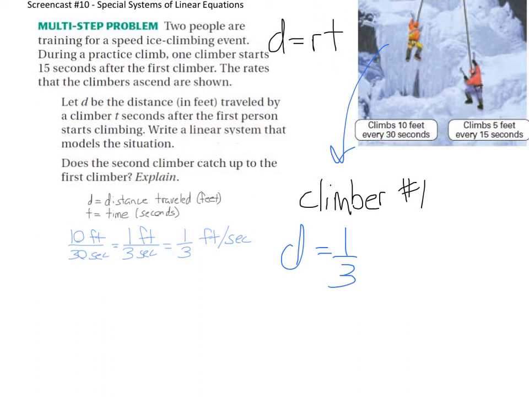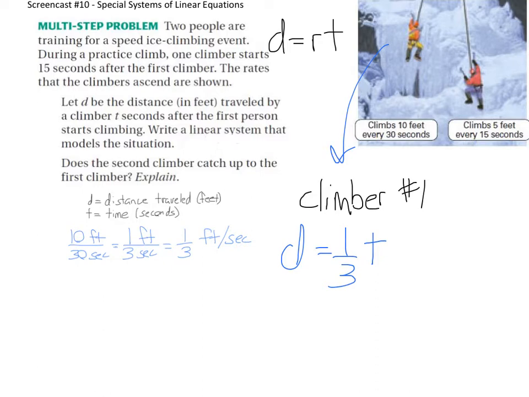So d is equal to 1/3 multiplied by t. Distance is equal to rate times time has now become distance is equal to 1/3, which is this climber's rate, multiplied by some unknown time. And there we have the first equation for climber 1.